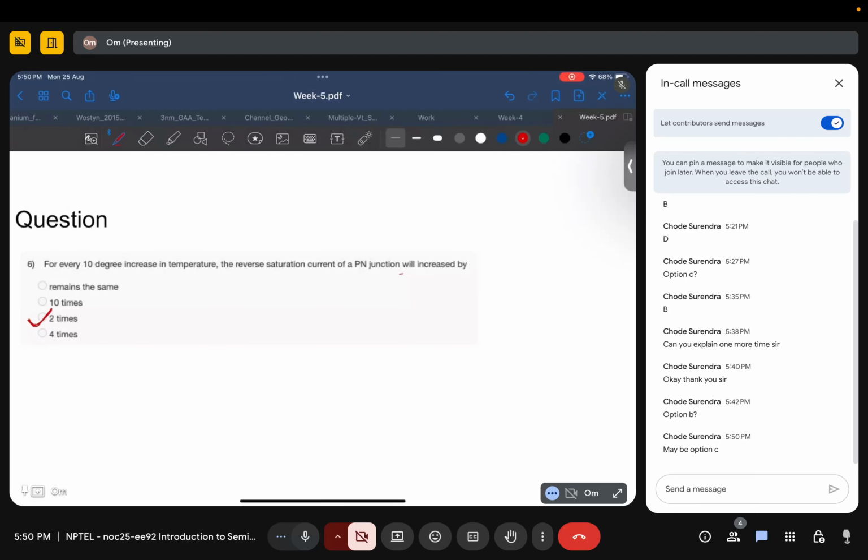And why this happens is, your reverse saturation current. What is reverse saturation current? JS is q Ni square (Dp/Lp Nd plus Dn/Ln Na). Right?